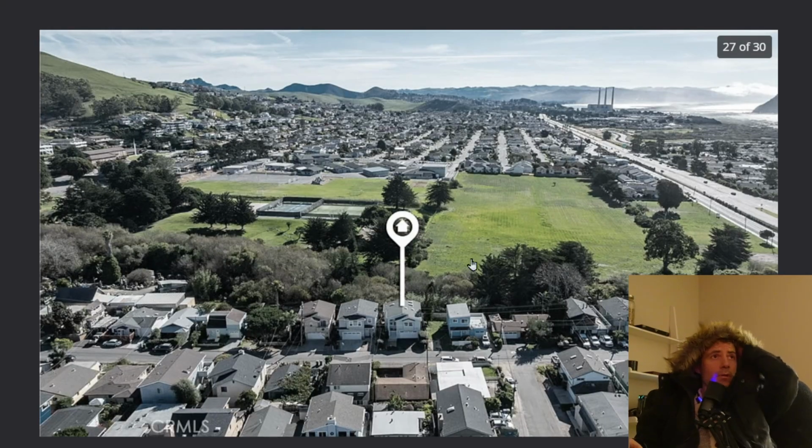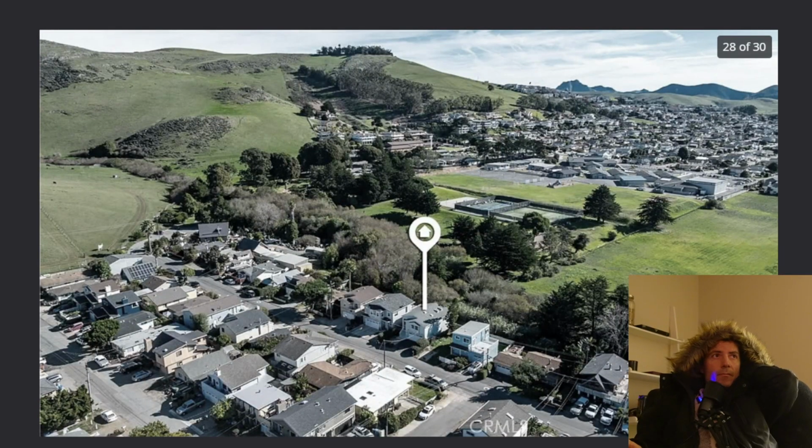Oh, is this like a park? This looks very sparse for a park. Beautiful. So much land. How much running around could you do out here?